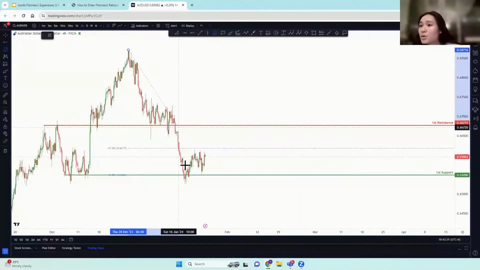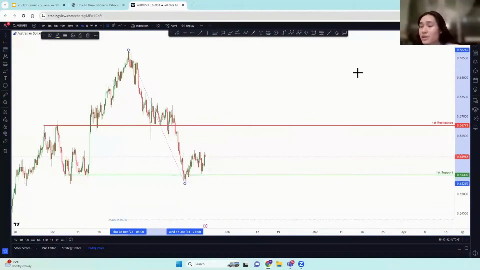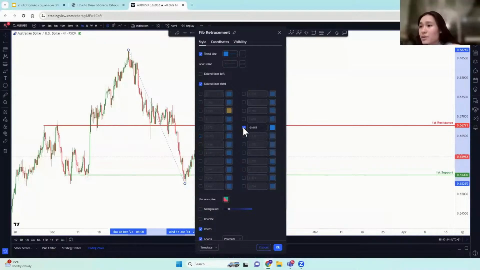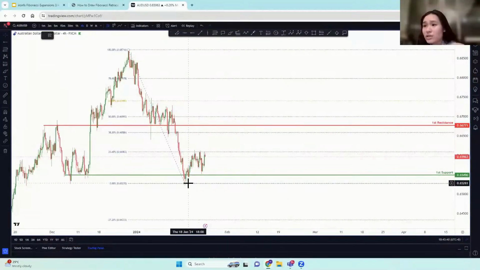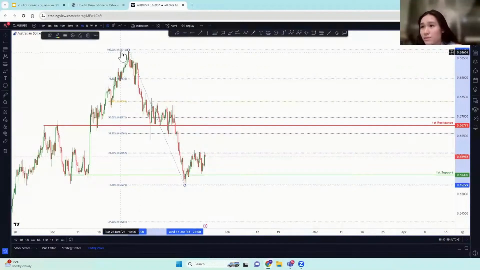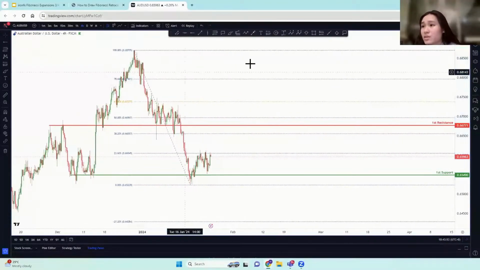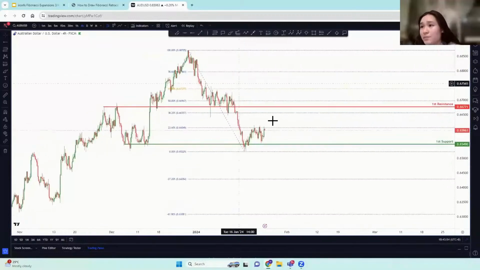Going in once again with our retracement level, I like to just look at all the Fibonacci levels first and then see what matches up.